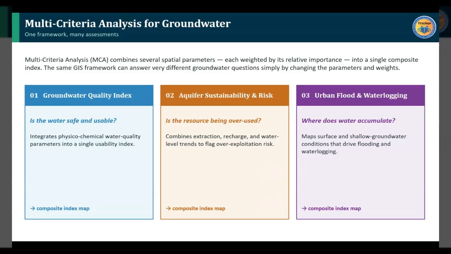Here, the output is going to be a risk map running from safe all the way to overexploited. And the third one is urban flood risk and waterlogging. Here the question is, where will water pond or flood? Here we combine the shape of the land, the drainage, the soil, and how much of the surface has been paved over. And here the output will be a flood risk map from low to very high.